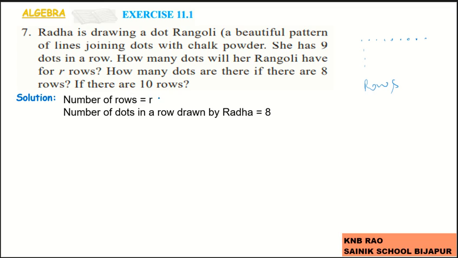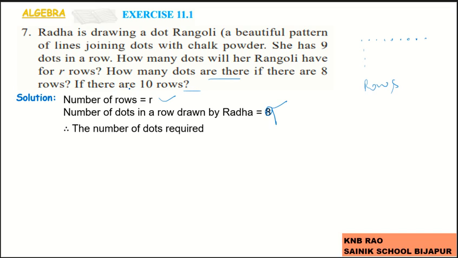So the number of rows will be R, and the number of dots in a row drawn by her is 9.